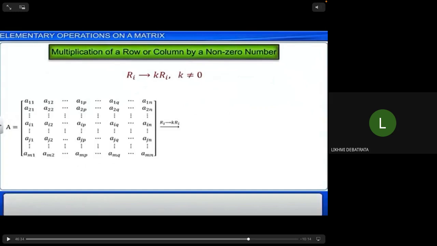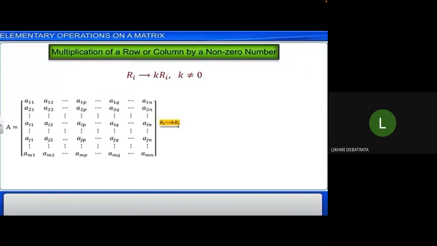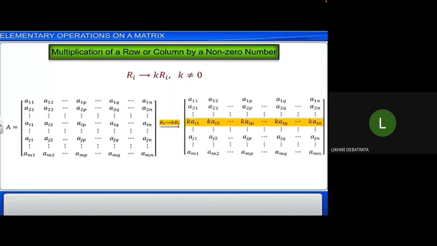But when you change like this, some changes will occur that are helpful to you in the future. So why we are changing and what changes we are making, we need to write with a particular symbol. That is, R_i → k R_i means the ith row completely multiplied by k.